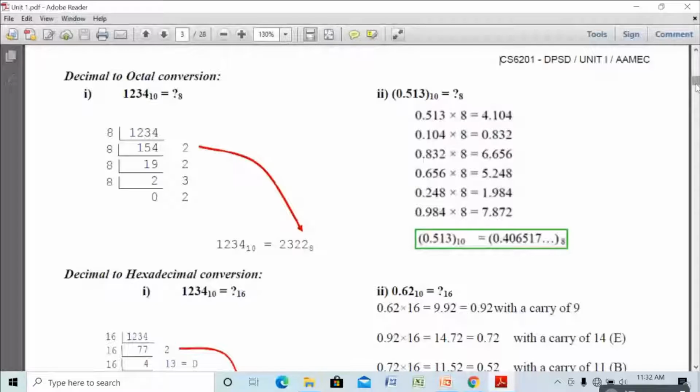So here we have to convert the decimal number to octal, that is base 8. So we have to divide by 8. We are getting 2 as a remainder, then 2, 3, 2. As said earlier, we write the number from bottom to top.